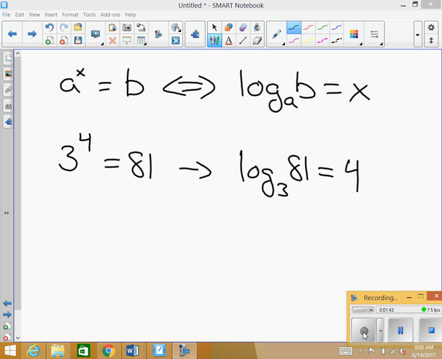So it just rearranges it. Logs are useful, and they help us solve for values of x in exponential forms. And logs have their own properties and laws.